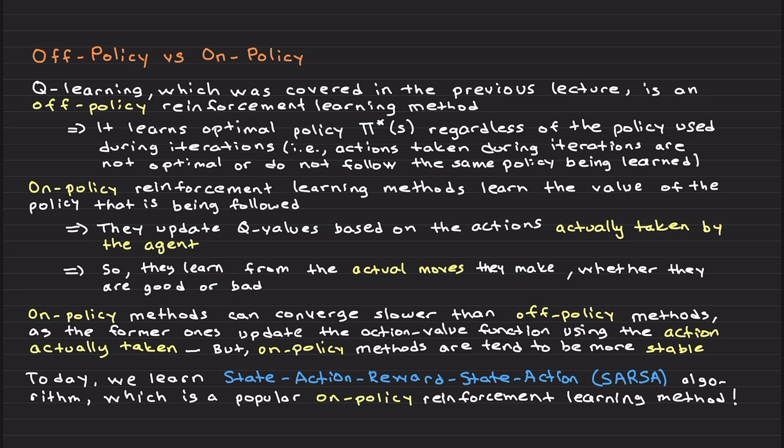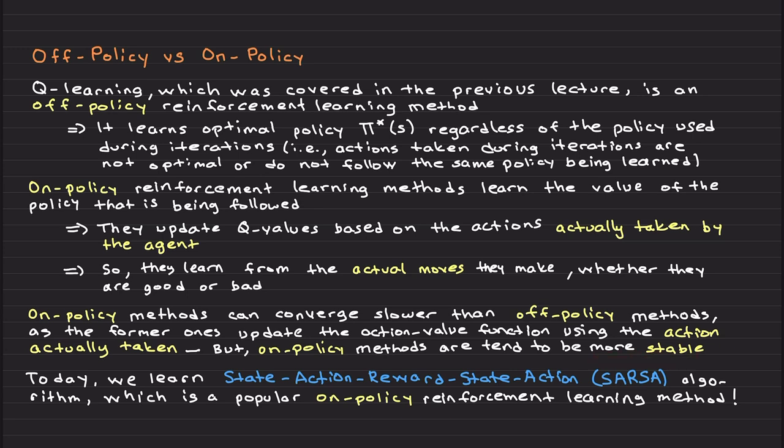So this may cause on-policy methods to converge slower than off-policy methods, as on-policy methods update their action value function using the actions that are actually taken. However, on-policy methods are basically known to be more stable.